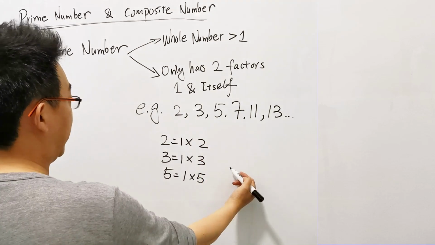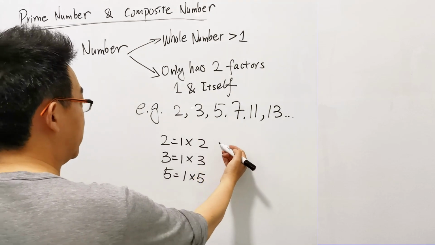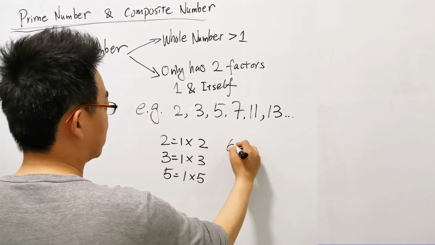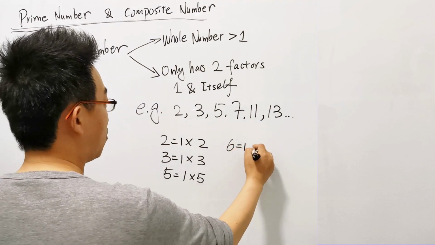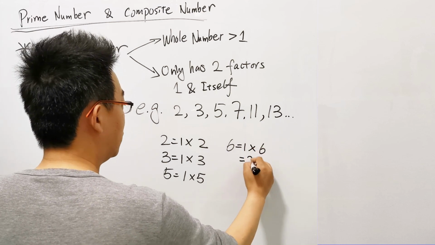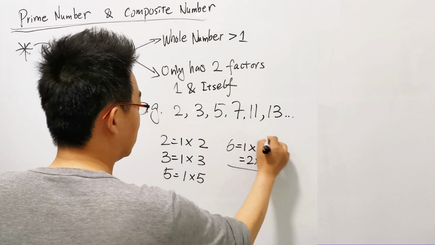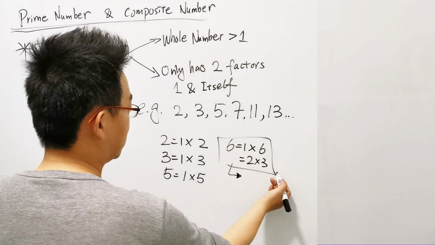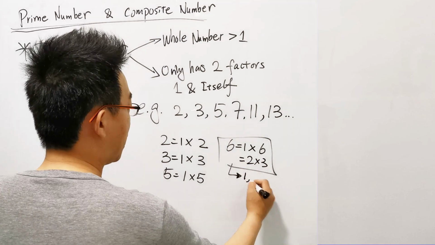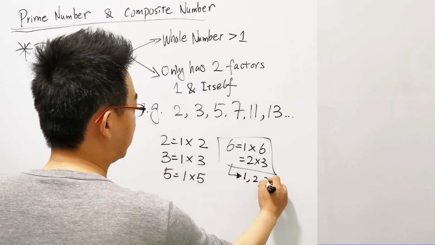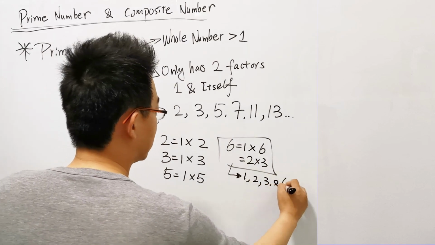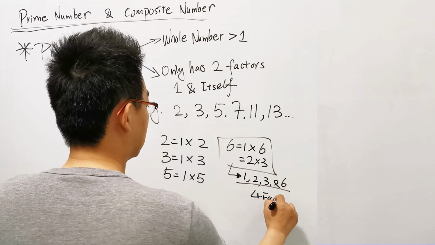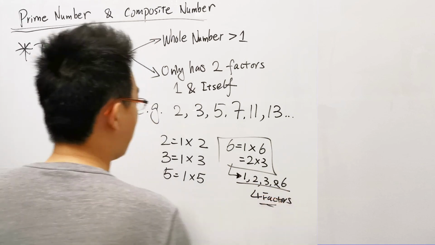7, and so on. On the opposite side, if we have 6, we have 1 times 6, and we also have 2 times 3. So in this case, 6 is not a prime number. 6 has 1, 2, 3, and itself 6, so we have a total of 4 factors.